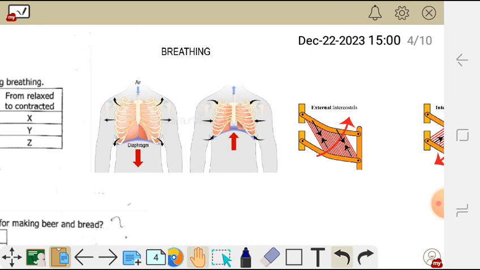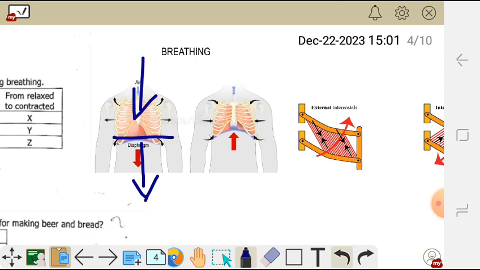So during inspiration, in a normal sense, what happens is this. The diaphragm is dome-shaped. We know that it is like this in a normal sense. When you inhale, during inspiration, it is going to contract. When it contracts, it is going to flatten, pulling the air inside.